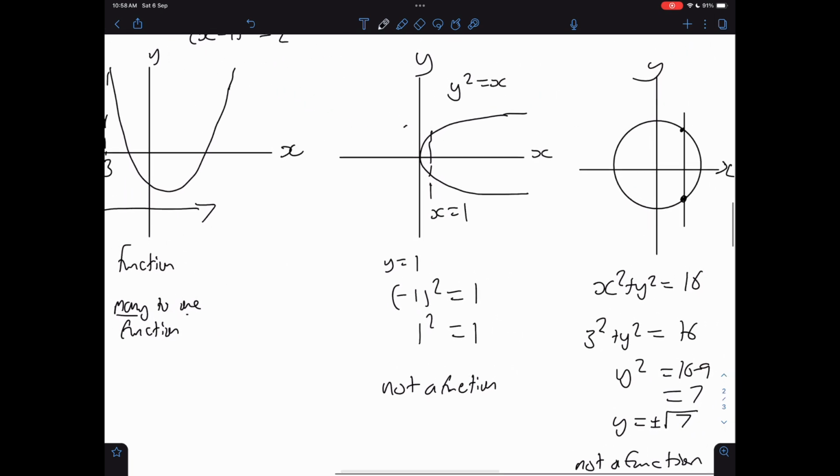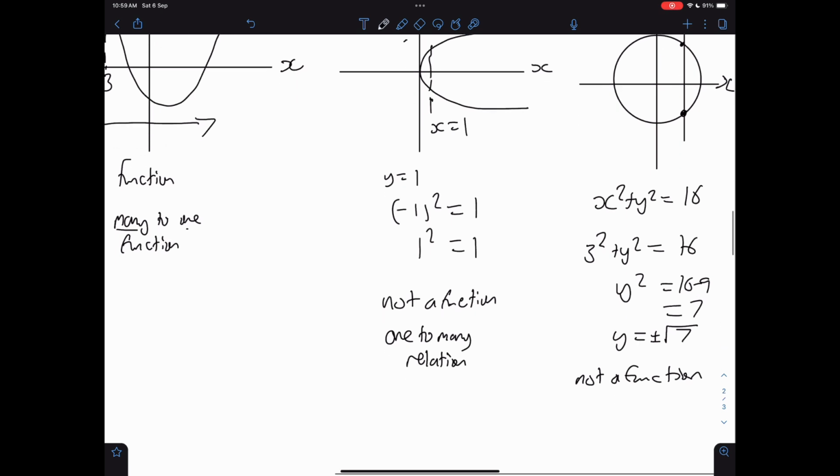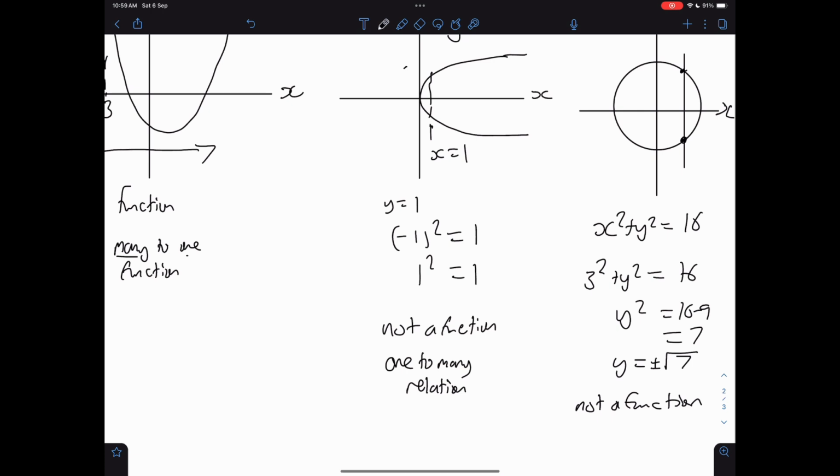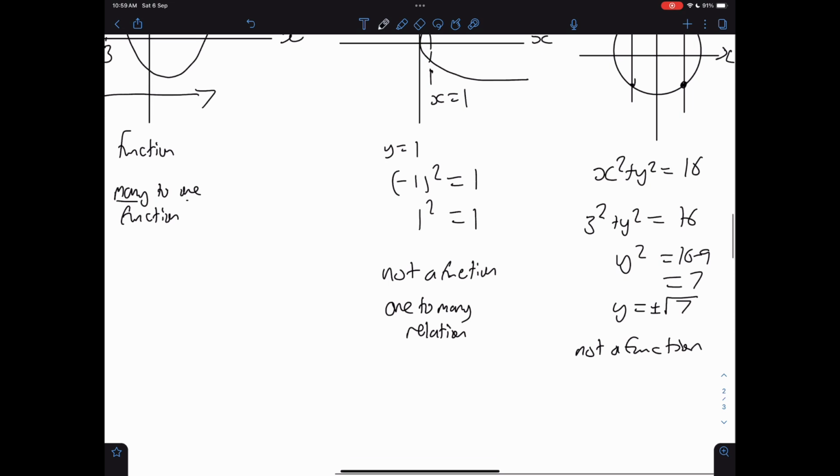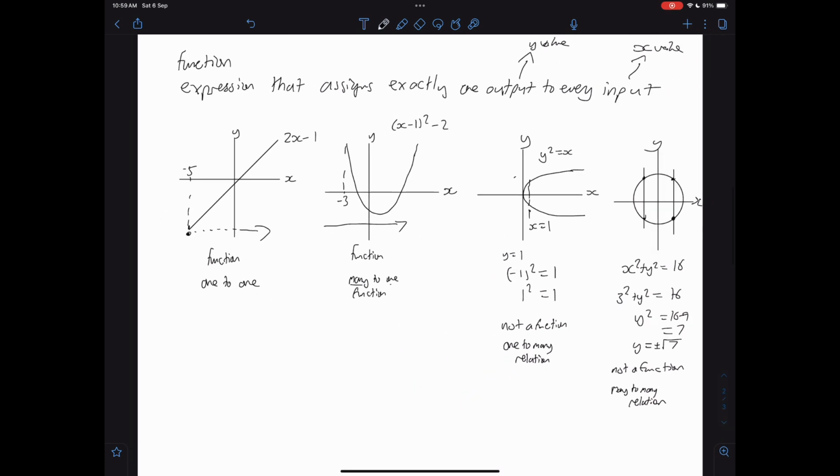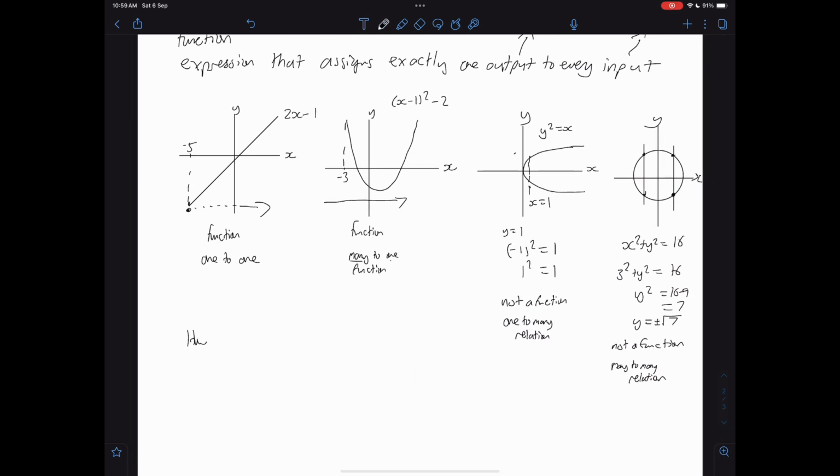With one x value, we can get more than one y value. So that's 1 to many, and we'd call it a relation. And then this one here, because we could also get those same points on the other end, that becomes a many to many relation.